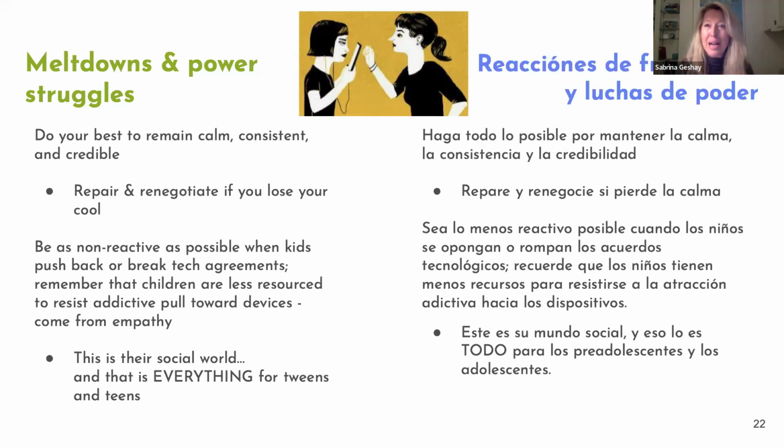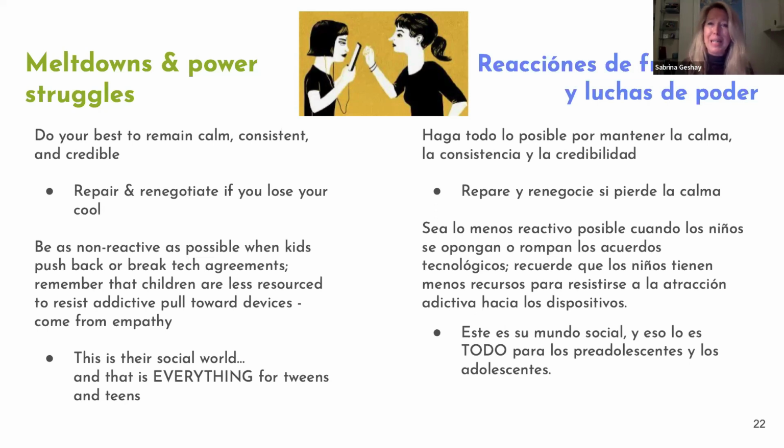And as has already been said, partially what Mari was saying and Melissa, if you can remain calm, that is so powerful, and not react when these infractions occur, when our kids don't listen and break the rules about the agreements that we have around devices. So as a parent, do your best to remain calm, consistent, and credible.